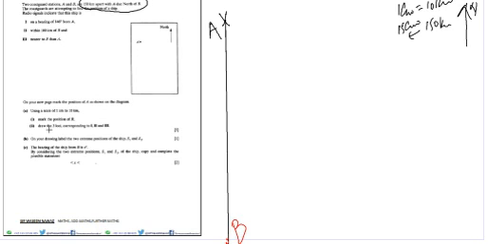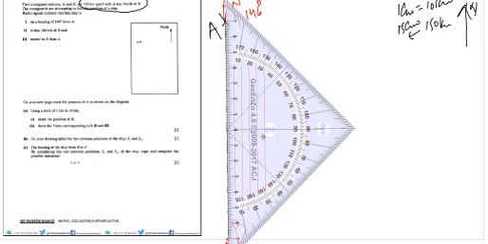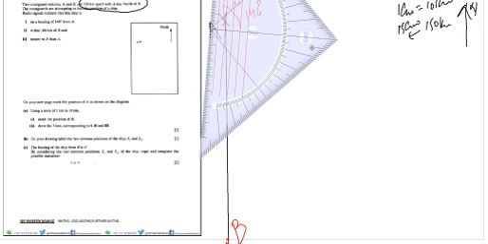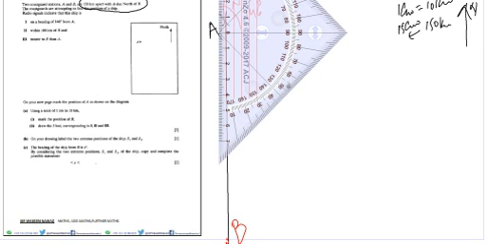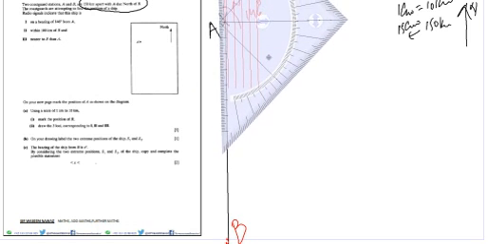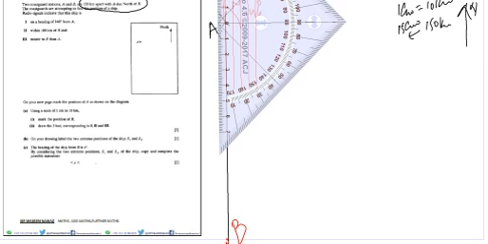Okay, now the question is, draw the three loci corresponding to 1, 2 and 3. The first locus is on a bearing of 146 degree from A. This is the point A and this shows the position of north. So I have to measure an angle of 146 degree from this point, and it will be somewhere here.